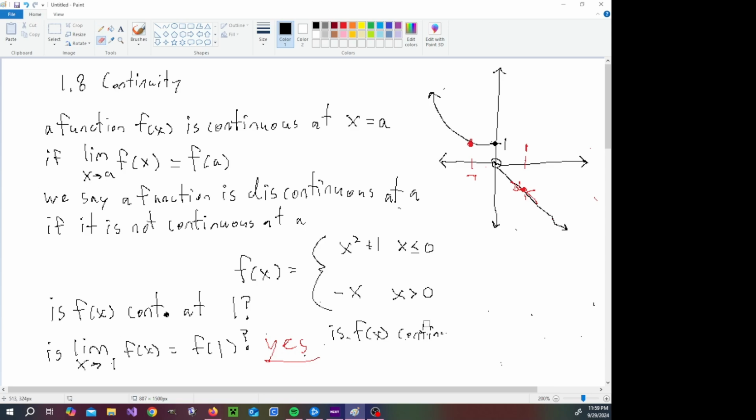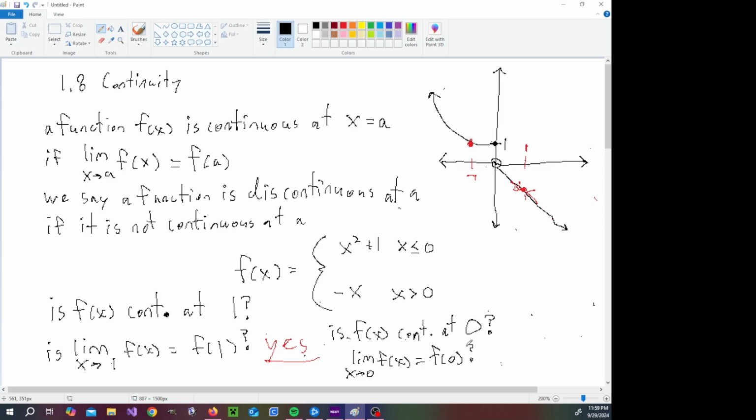is f of x continuous at 0? I should abbreviate. I don't know why I have so much trouble spelling continuous. Well, that's saying is the limit as x goes to 0 of f of x equal to f of 0?